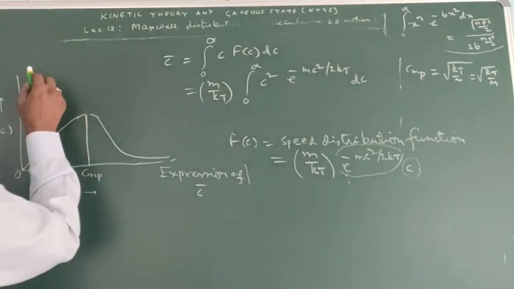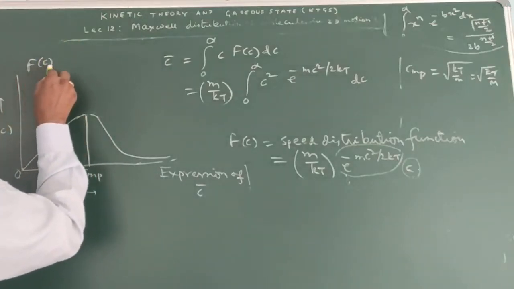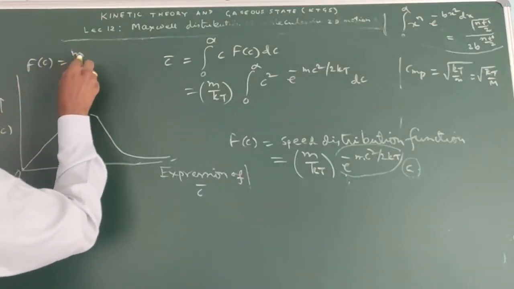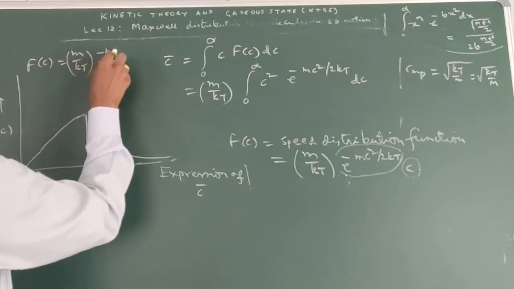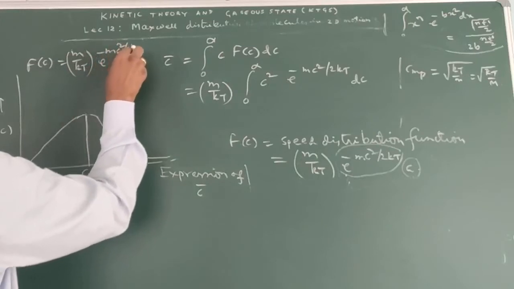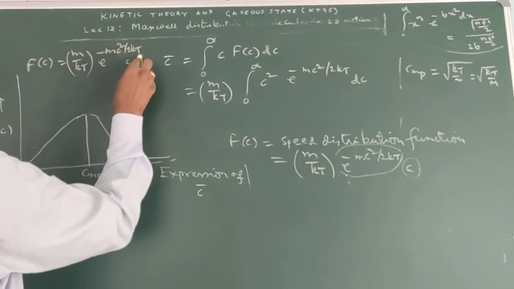Here we write Fc equals m by kT e to the power minus mc square by twice kT into C.